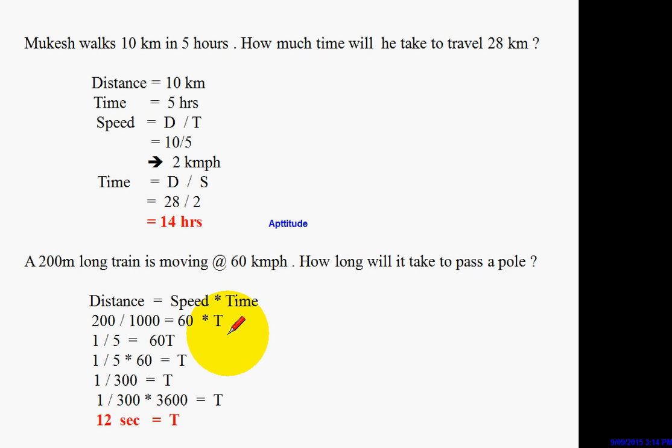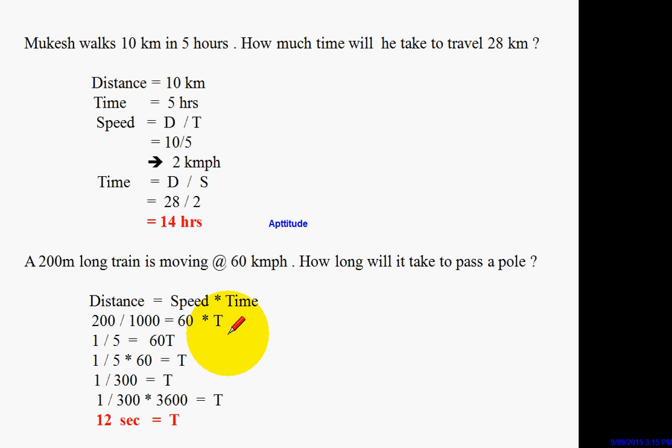So if he walks at 2 km per hour, he could cover 10 kilometers in 5 hours. That is the time taken by Mukesh. Now, what was asked in the question? How much time will he take to travel 28 kilometer? So now you know the distance as well as the speed. We have calculated the speed. So from these two variables, we can easily calculate the time. So time is equal to distance by speed.